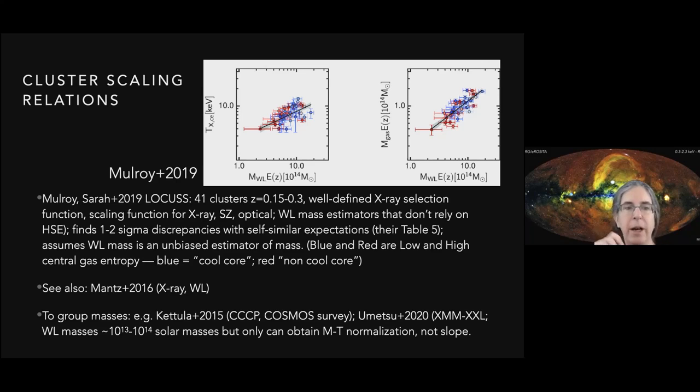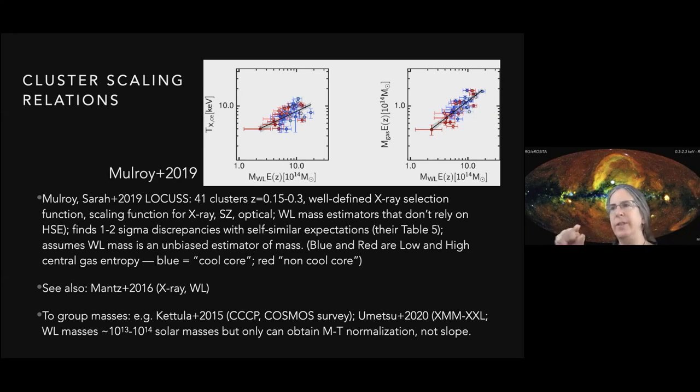I note that their analysis assumes that the weak lensing mass is an unbiased tracer of mass. And I've shown a couple of their plots. One is a temperature versus weak lensing mass plot on the left, and the plot on the right is gas mass versus weak lensing mass.